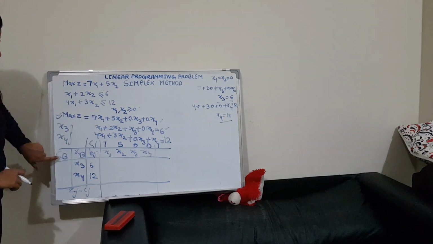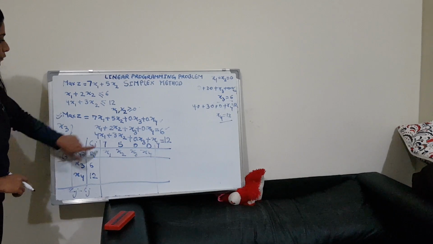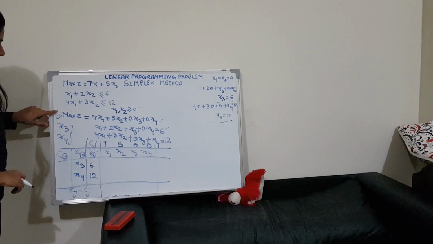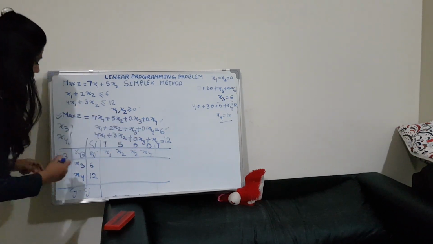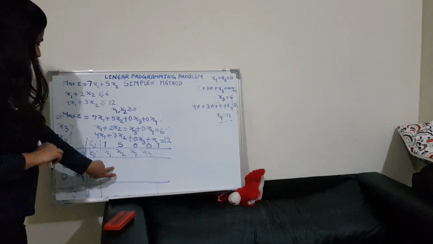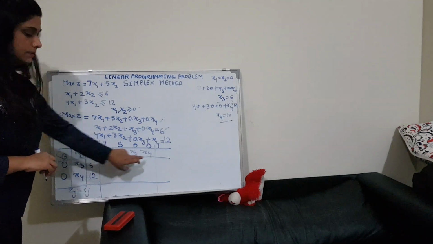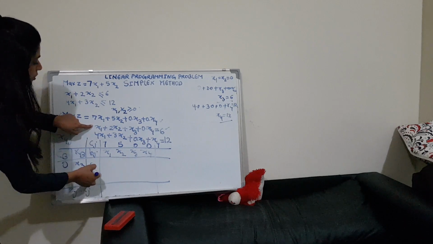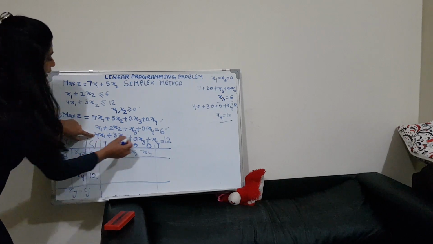Now Cb is the coefficient of slack variables. x3 coefficient is 0. Coefficients we are checking from this equation. So x3 coefficient is 0 and x4 coefficient is also 0. Now we will fill this table. First x1, x2, x3, x4. These are the coefficients of first equation, and from second equation we will write here coefficients of all variables.